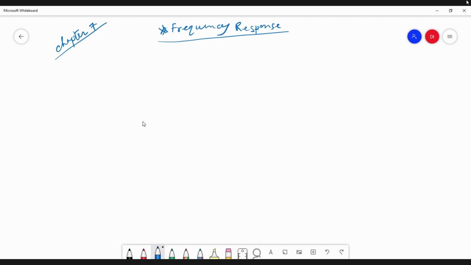Is it clear or not? Yes, sir. During our frequency response analysis, only one new thing will be added: we will consider variable frequency instead of the constant frequency we had in earlier analysis.